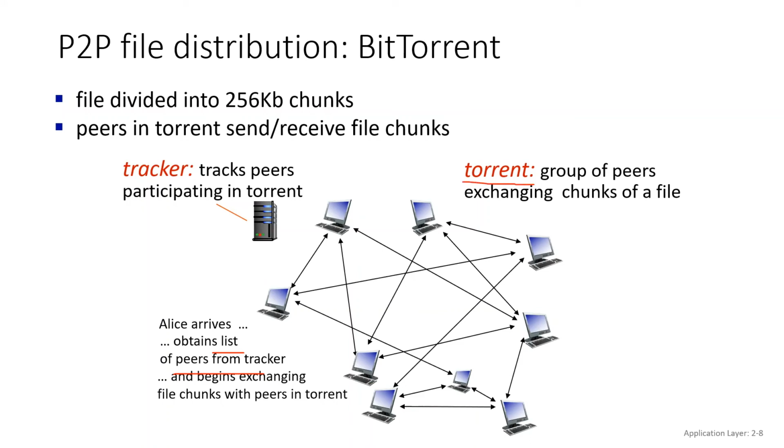The torrent file has a copy of the tracker, which is the list of the other peers participating in the distribution of that particular file, and all of them have some number of chunks of the file. Then she begins exchanging chunks in the network to get the final file.